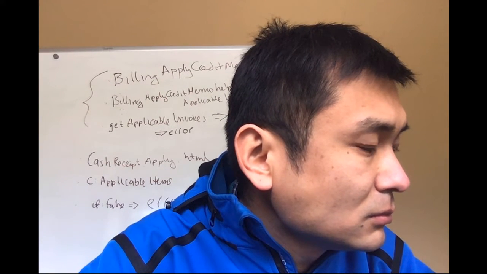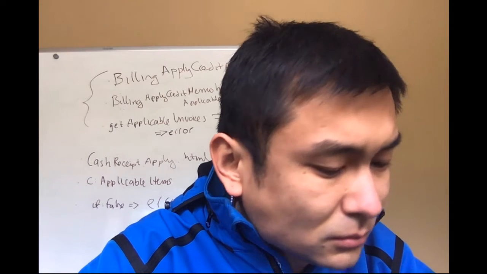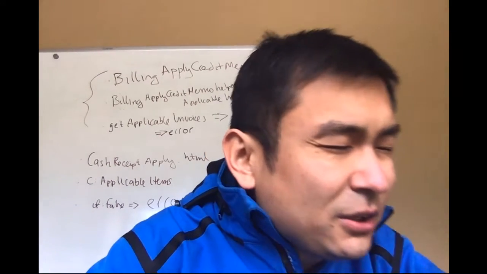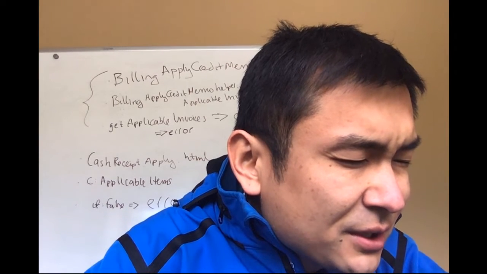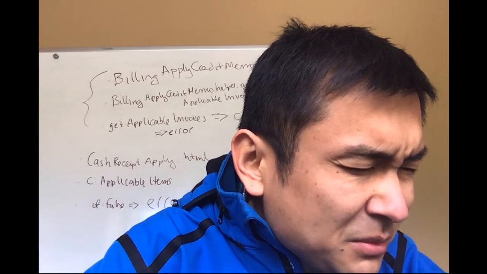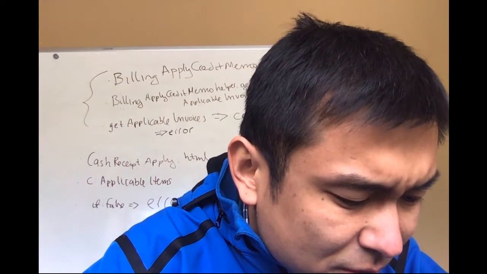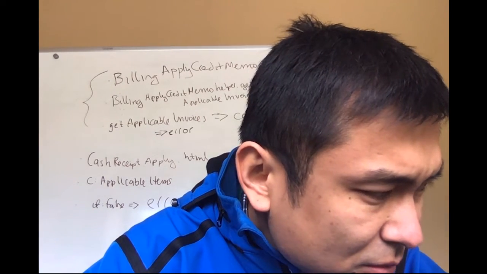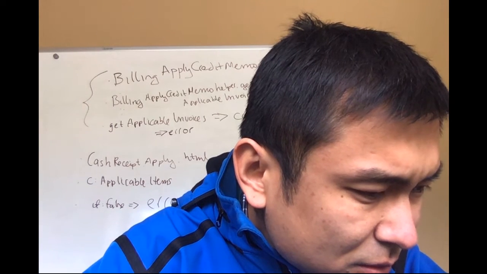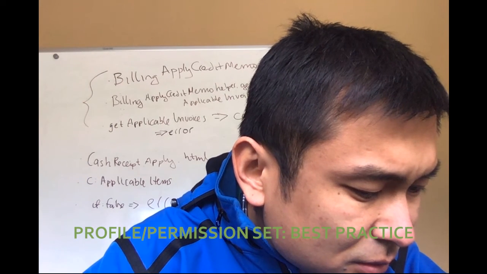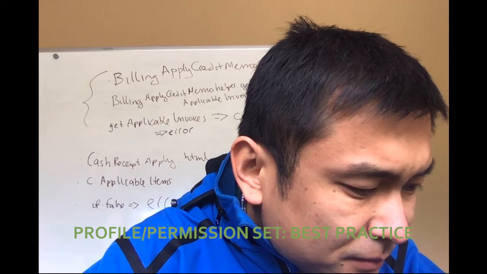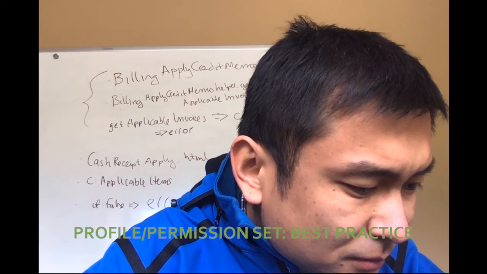So how would you go about designing the profile and permission set model with that in mind? I see. Can you reiterate the scenario, please? So there are multiple teams, multiple projects. Yeah. Let's just say you're in an org where there are multiple applications. What is the best practice in terms of designing profiles and permission sets for users in that org?